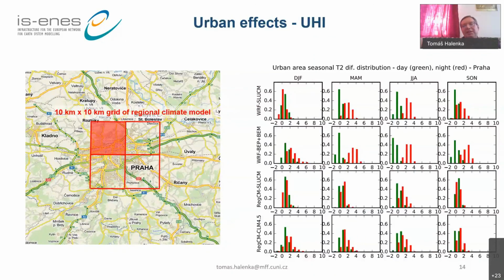And last but not least, that's something we are doing in our department, so I had to include it, and we are preparing something for a CORDEX activity in this direction, and that's urbanization. At high resolution, going to 10 kilometers, as you can see on the left panel, you can resolve the city. We had our meeting in Prague, so if you know Prague, you can see that in a 10-kilometer grid you can really get some part of the city in the grid box, so including urban effects properly is becoming quite important.